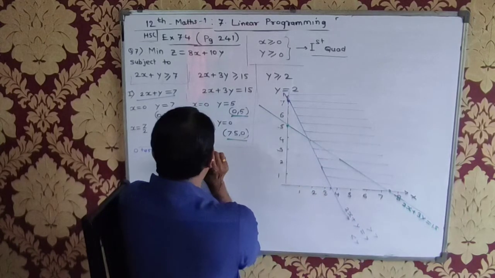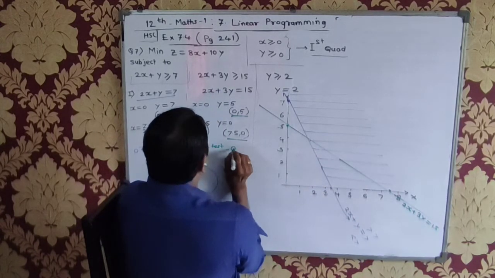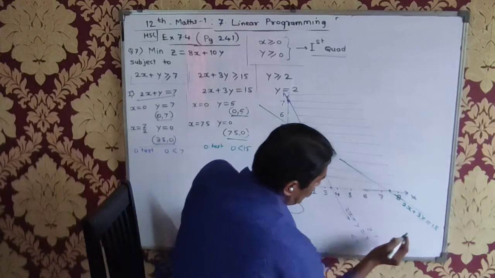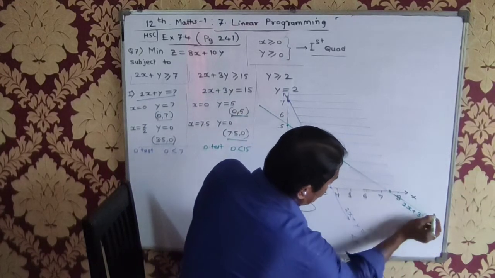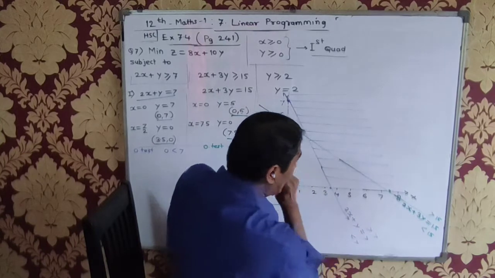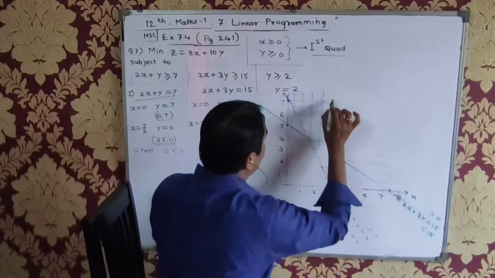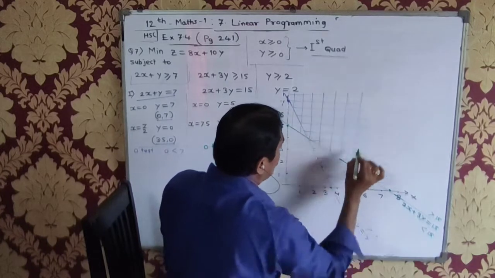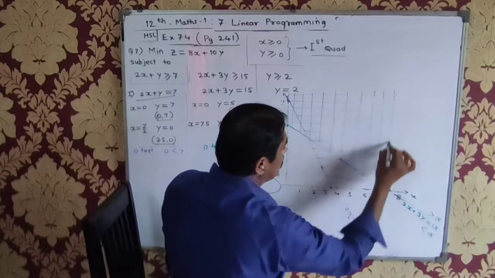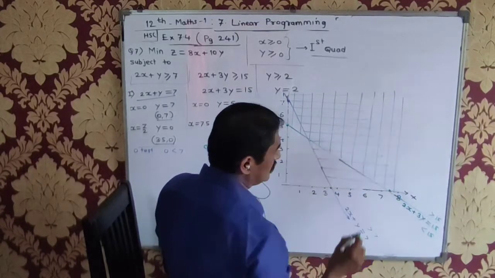Let's take the origin test. 0 is less than 15. So below the line less than 15, above the line greater than 15. And it is a set of points on the line and above the line. ये सब points आएंगे उसके अंदर.